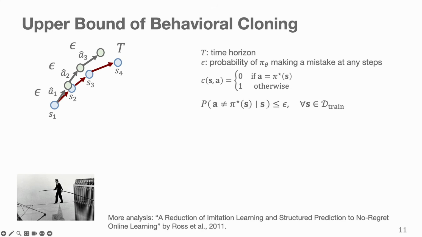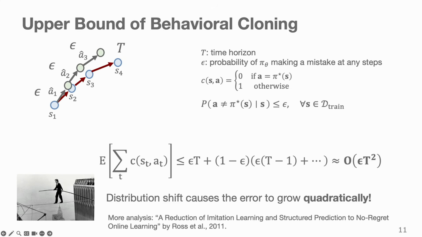Yeah, so here's the animation again. And as you can see here in the summary, if you make a mistake at step 1, you incur a cost for all t remaining steps. And if you make your first mistake at step 2, then you will incur cost for t minus 1 steps.